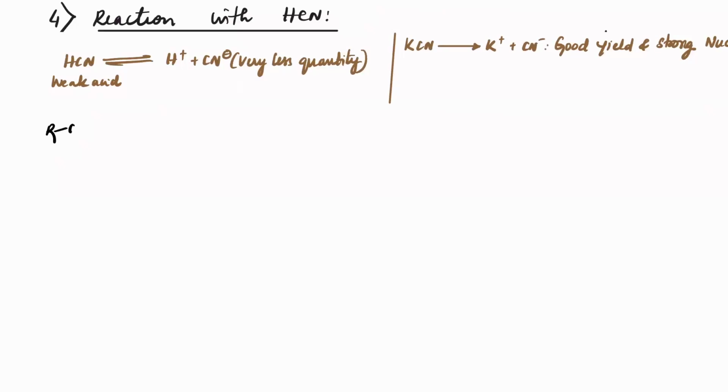See, R C double bond O, if you react with CN minus, this CN minus first attacks the carbon and breaks the bond here. So this is still in equilibrium, mind you. That will convert into R, CH, O minus and CN.